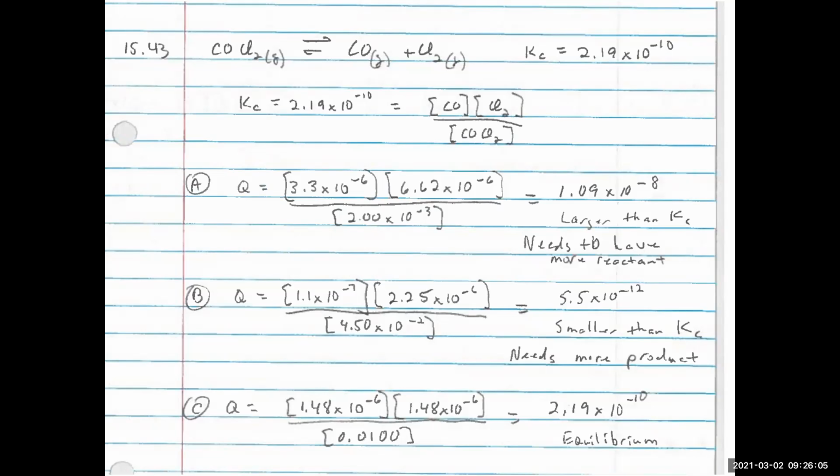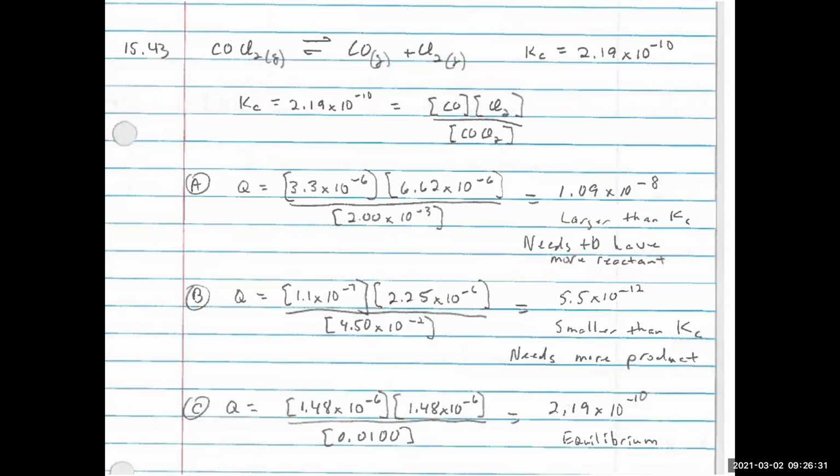In B, we do the exact same calculation, just using the new numbers that were given for those concentrations at that time. We go ahead and do that, and we get 5.5 times 10 to the minus 12. Well, 10 to the minus 12 compared to 10 to the minus 10th, that tells me that this is too small of a number, okay?